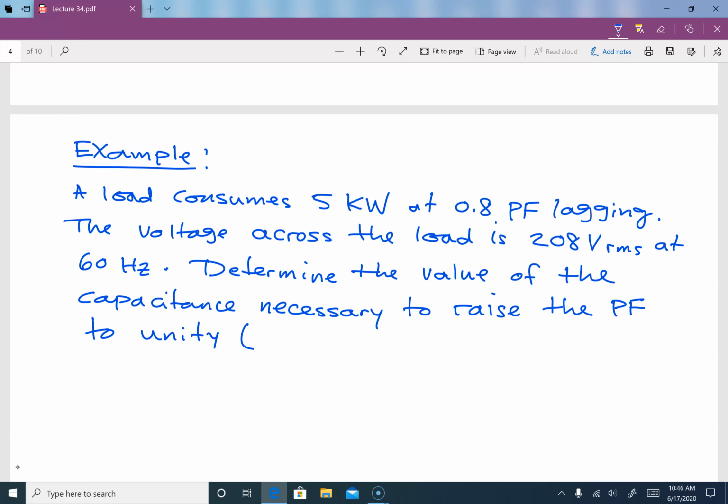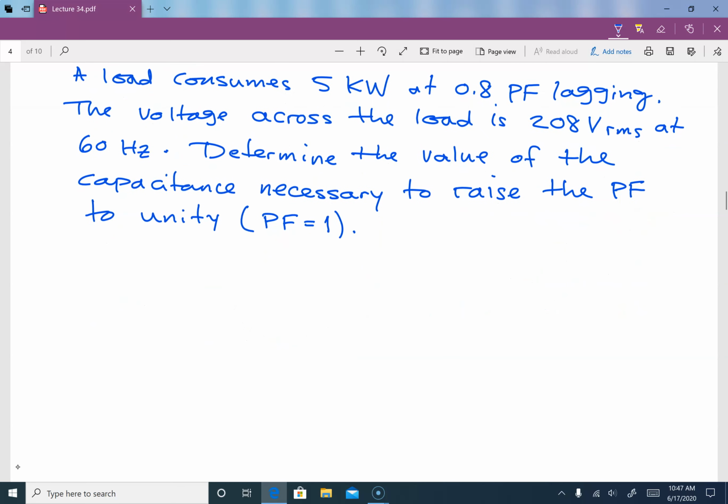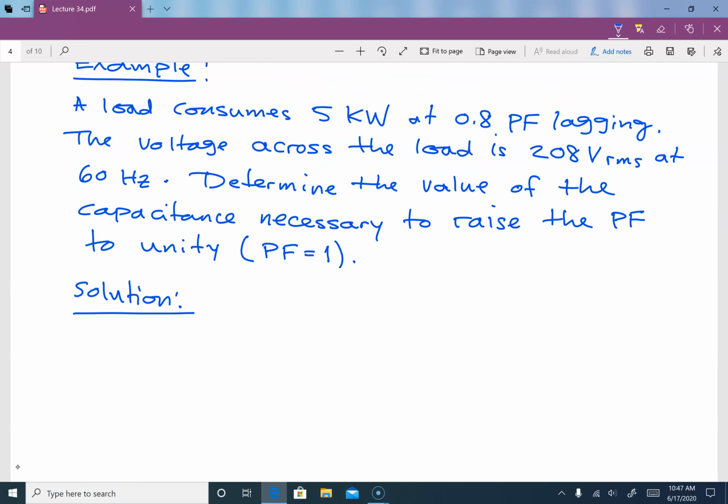So when we are saying that power factor is unity, that is PF is equal to 1. So let us do the following: P is equal to 5,000 watts.